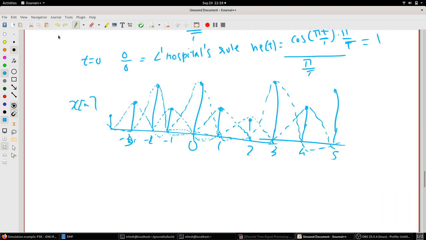When you multiply and sum it up, you will get a curve which may look something like this envelope.